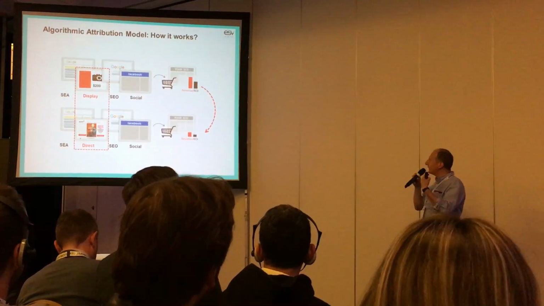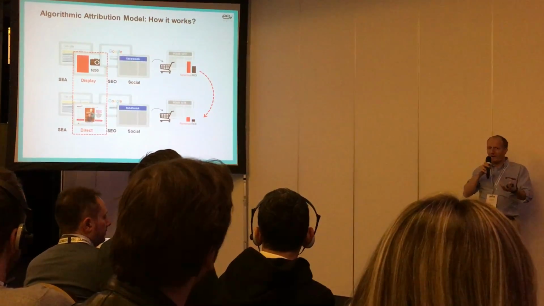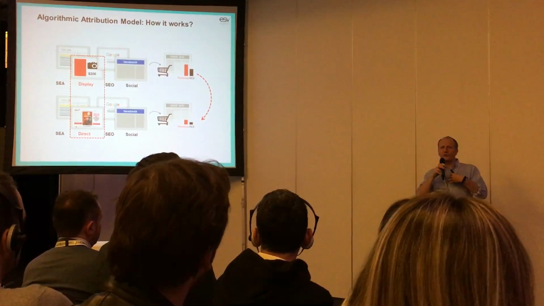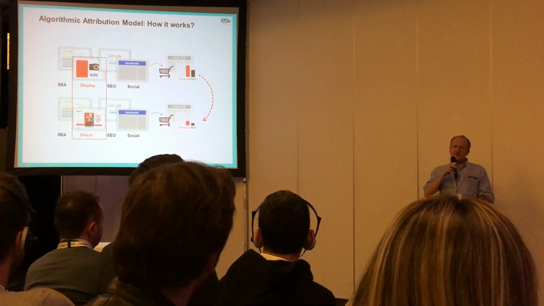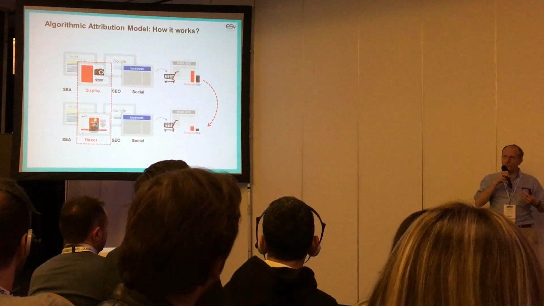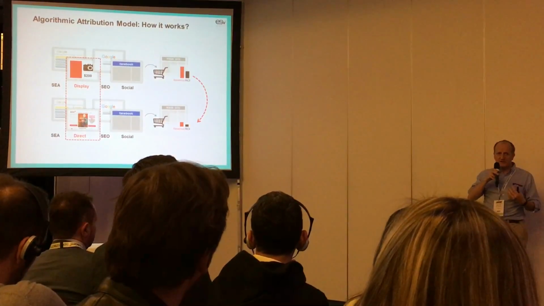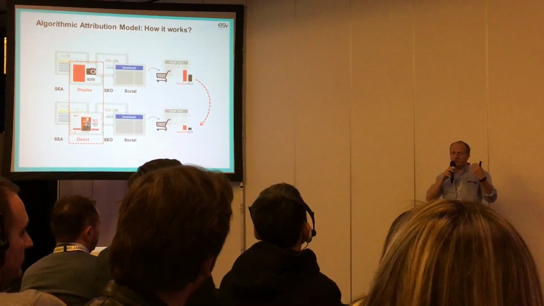Now, this is a very simplistic model because you don't do it on the basis of two paths, of two conversions. You do it on the basis of thousands and millions of conversions. But basically, you let the machine decide what's a model that's best suited, that best approximates all the data, to give you what really has had an impact.